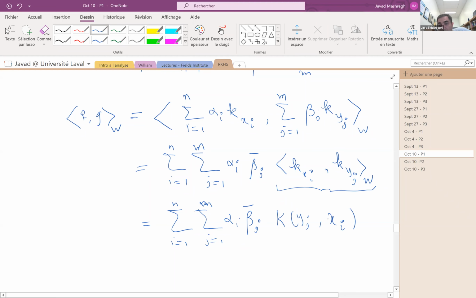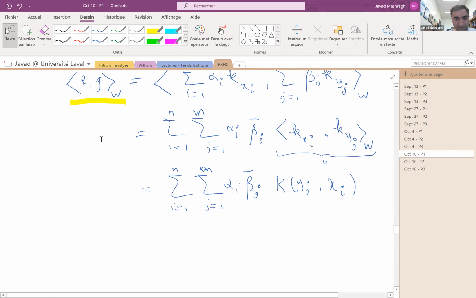We saw this before. If it is a reproducing kernel, this inner product has to be equal to this. So I would have a good definition if F and G satisfy this property. I need that. Therefore, I adopt this as my definition.